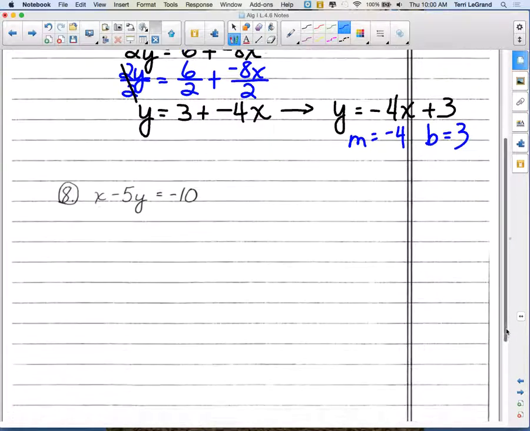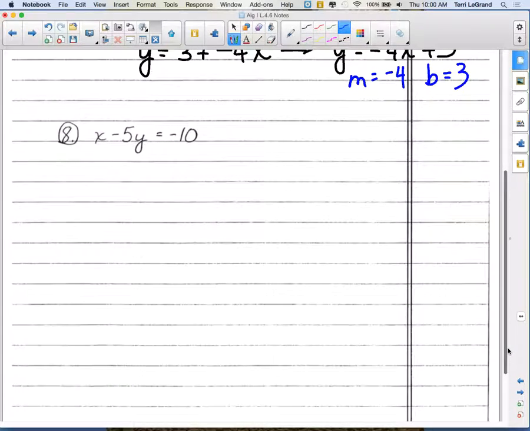Let's get that one into slope-intercept form. Again, for many of us, it'll be helpful if we rename it first in its not cleaned up state.